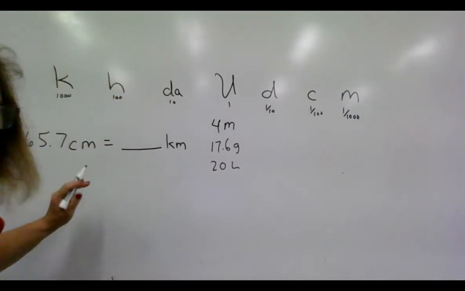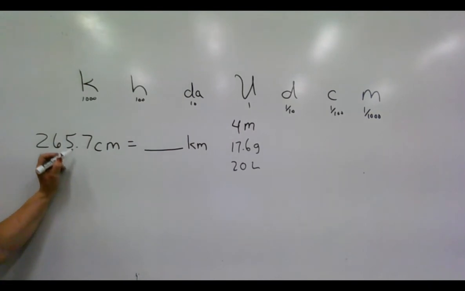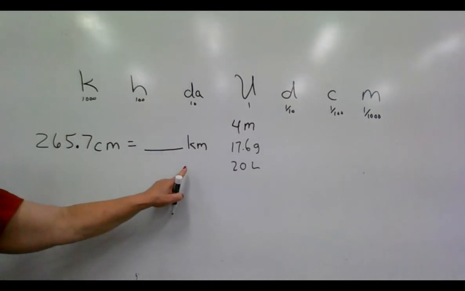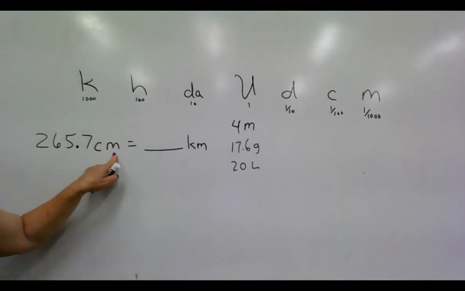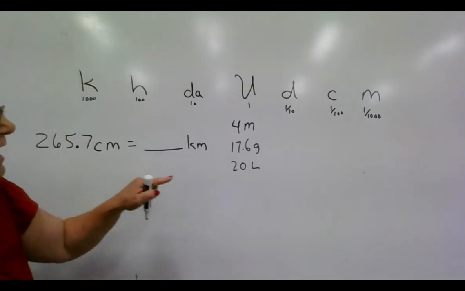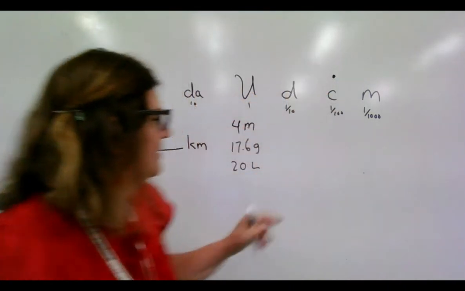Okay, so for this problem, I have 265.7 centimeters, and I want to know how many kilometers it is. So in order to do this problem, I'm going to notice that I have meters with the C prefix. So I'm starting at the prefix of C. That's my starting point.